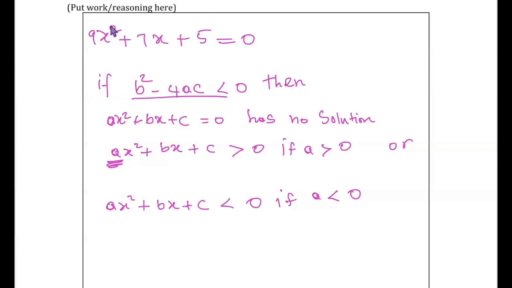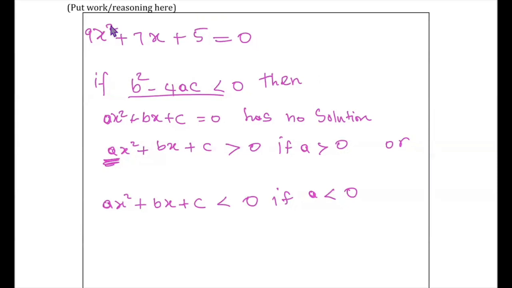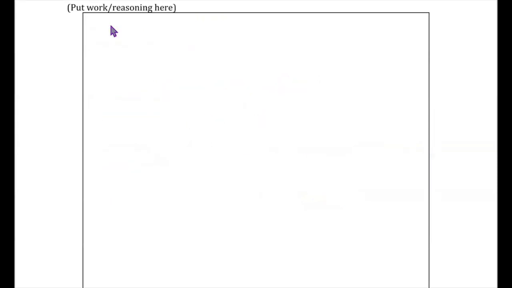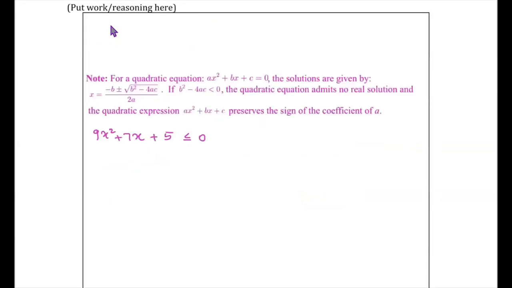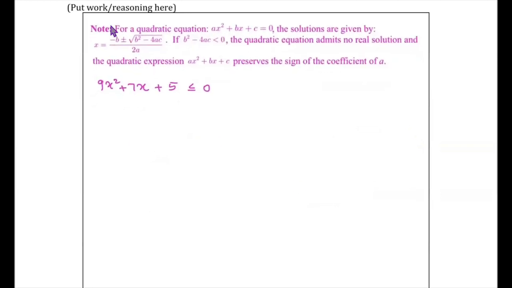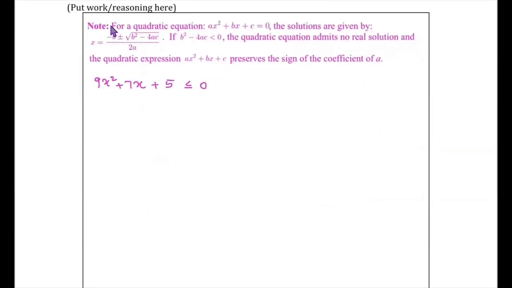So the summary of everything that I just said is this. For a quadratic equation ax squared plus bx plus c equals 0, the solutions are given by x equals negative b plus or minus the square root of b squared minus 4ac, over 2a.